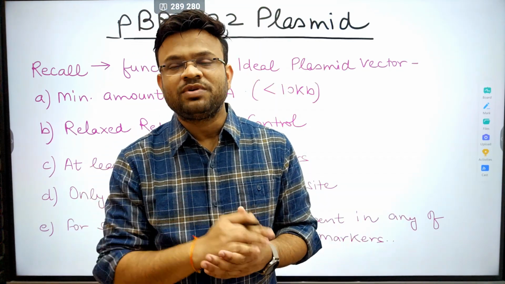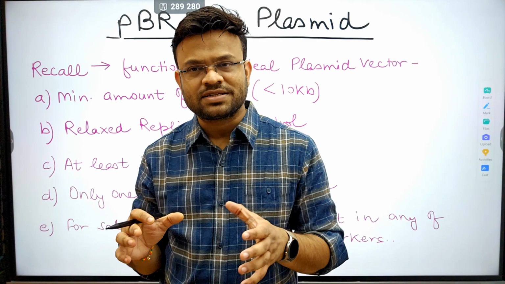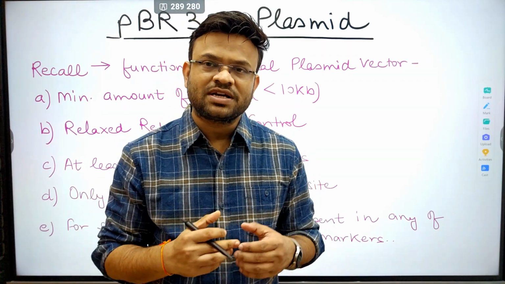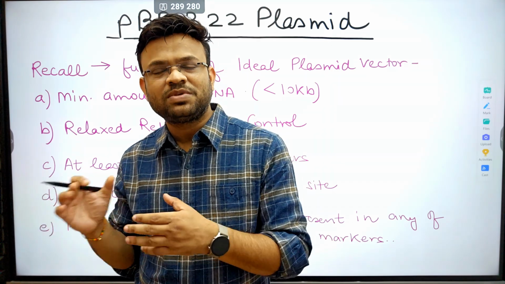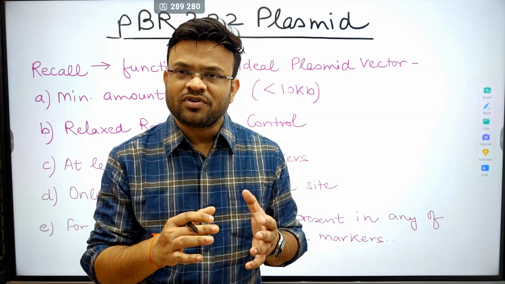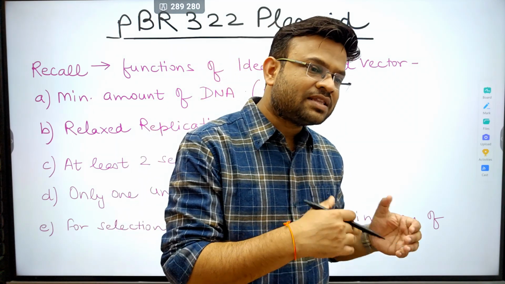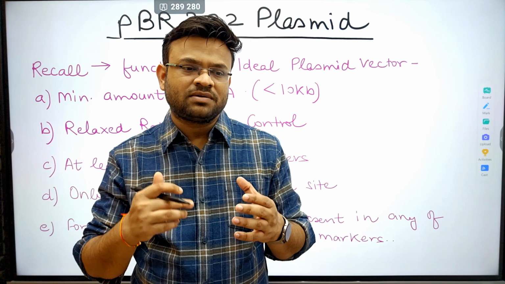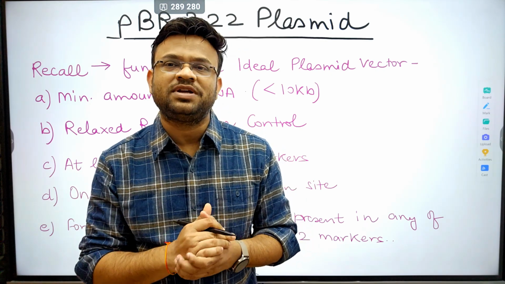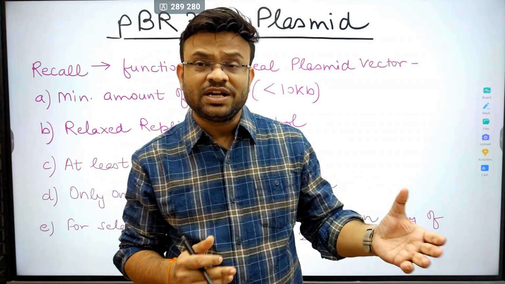What are the features of pBR322 plasmid? What are the characteristic features? Apart from that, what is the construction of pBR322 plasmid? What are the genes that are present on pBR322 plasmids? Apart from that, we would also understand the methodology through which pBR322 plasmid is utilized in genetic engineering.